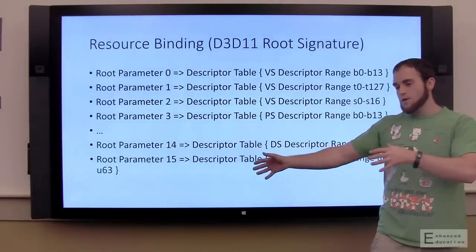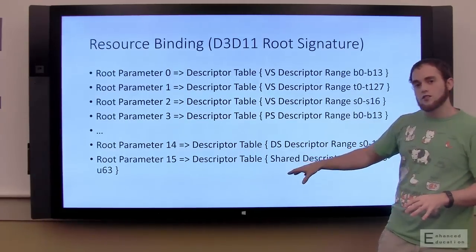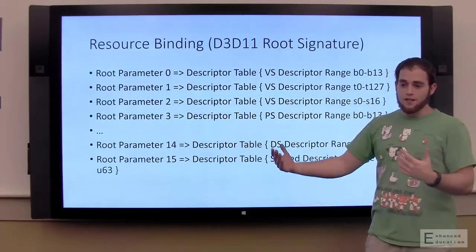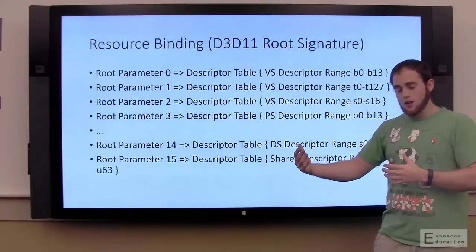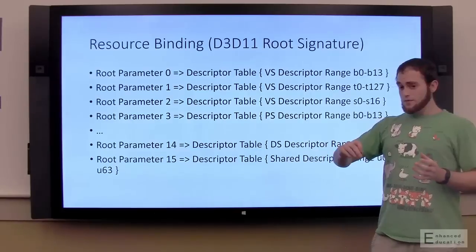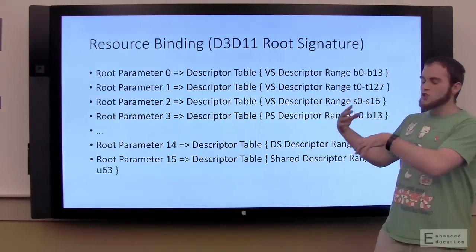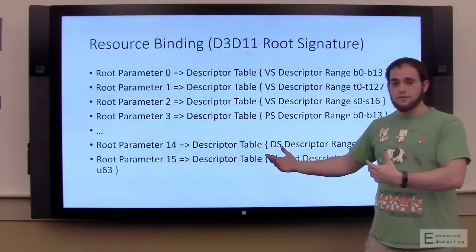And then root parameter 15 would be, like I mentioned before, the UAVs shared across all shader stages. D3D11 on 12 is a component that allows you to use the D3D11 API to drive the D3D12 API for interop scenarios. This is what its root signature actually looks like.